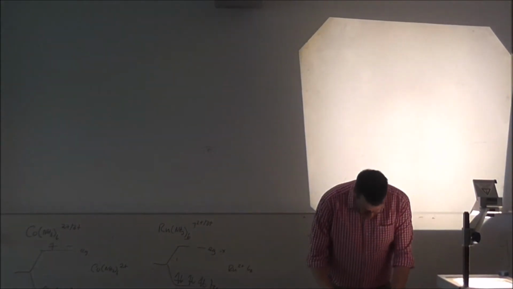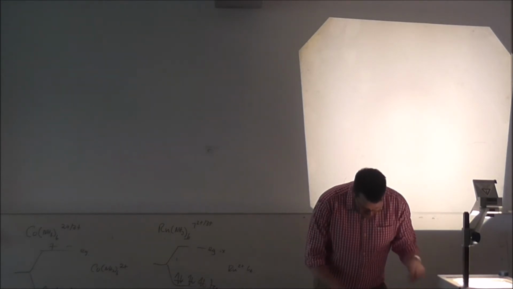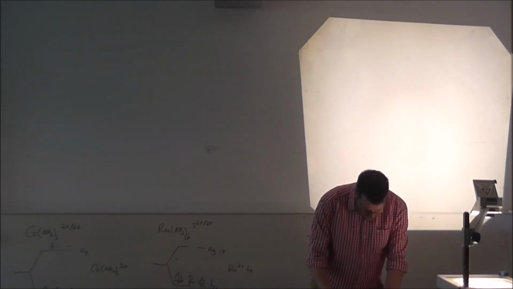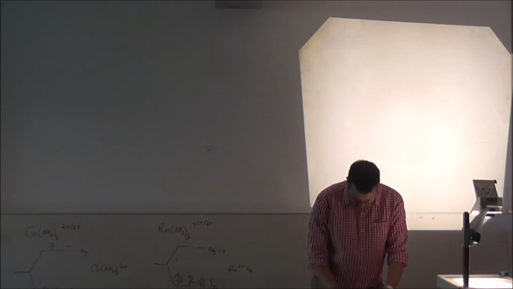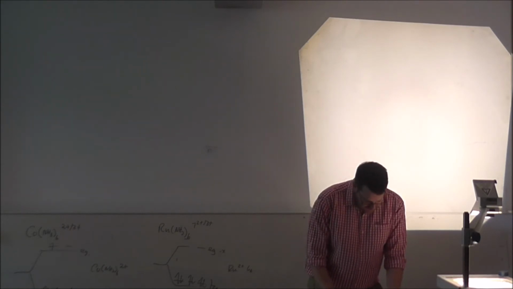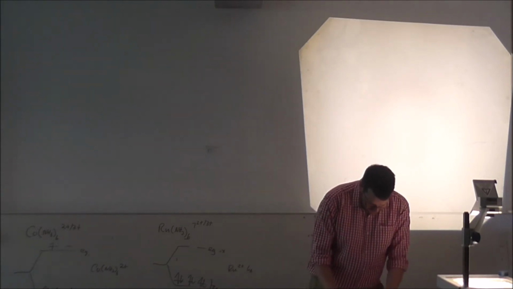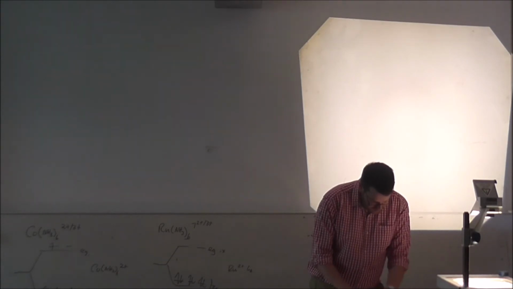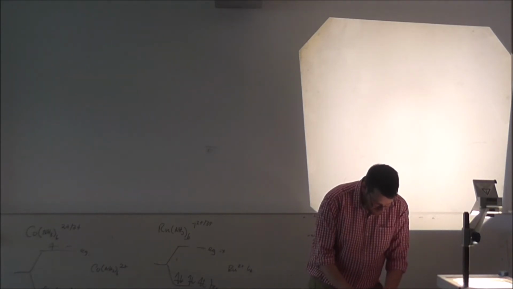Okay, so I think you understand the notion of outer sphere electron transfer reactions. And I want us to have a look briefly at inner sphere reactions, which are very important.